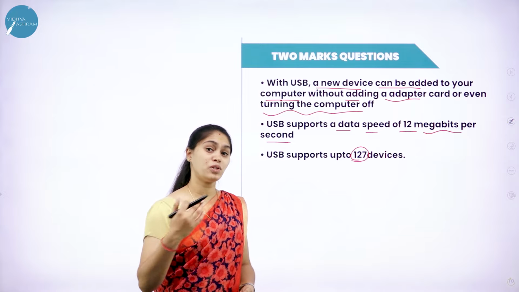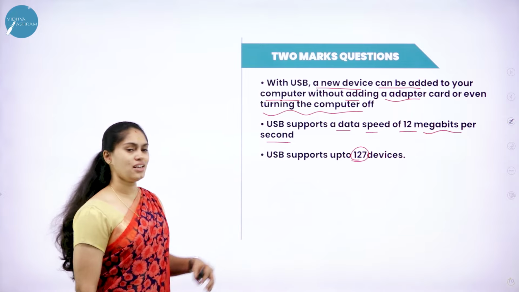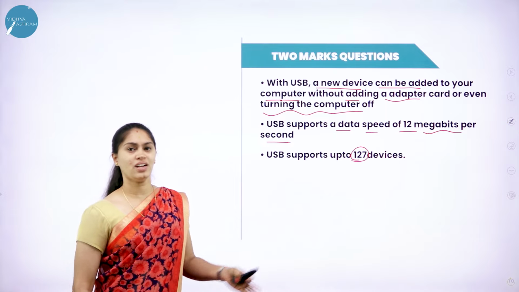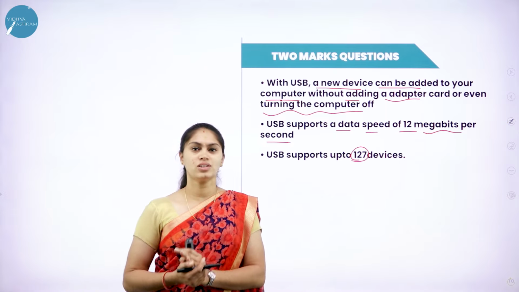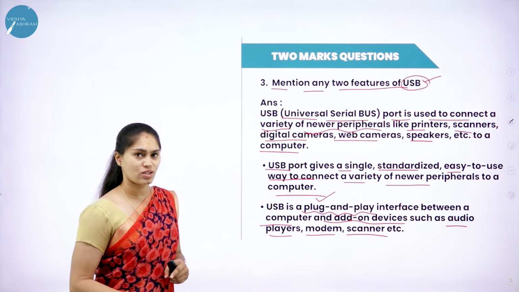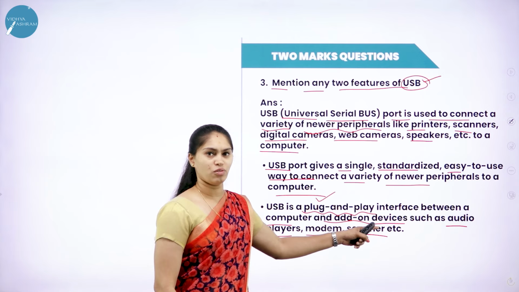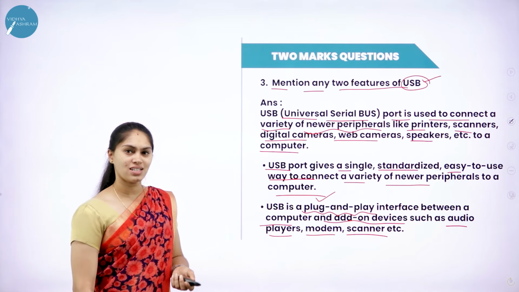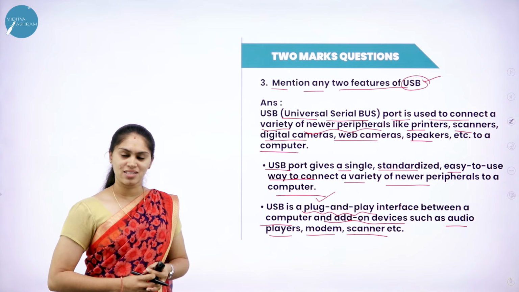This is regarding USB, and you can expect this question for 2 marks, 3 marks and 1 mark too, in the kind of: which port is also considered a plug and play interface? That is USB. All these things need to be concentrated on regarding this USB port.